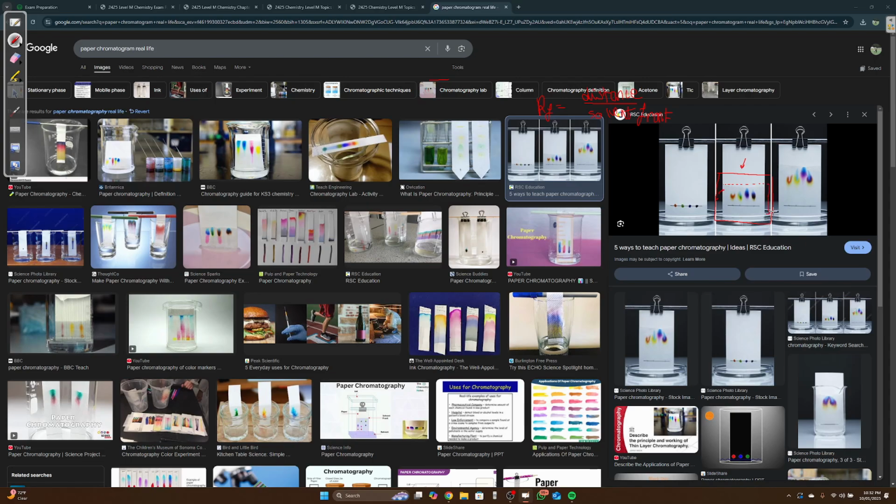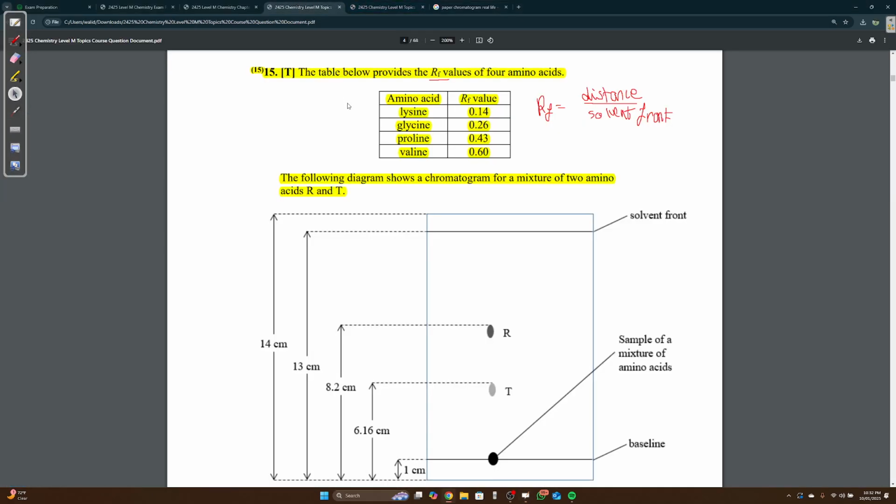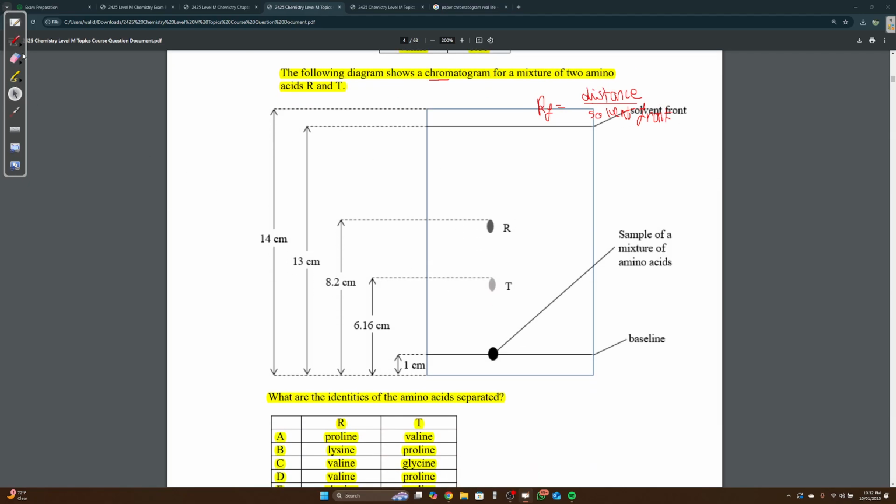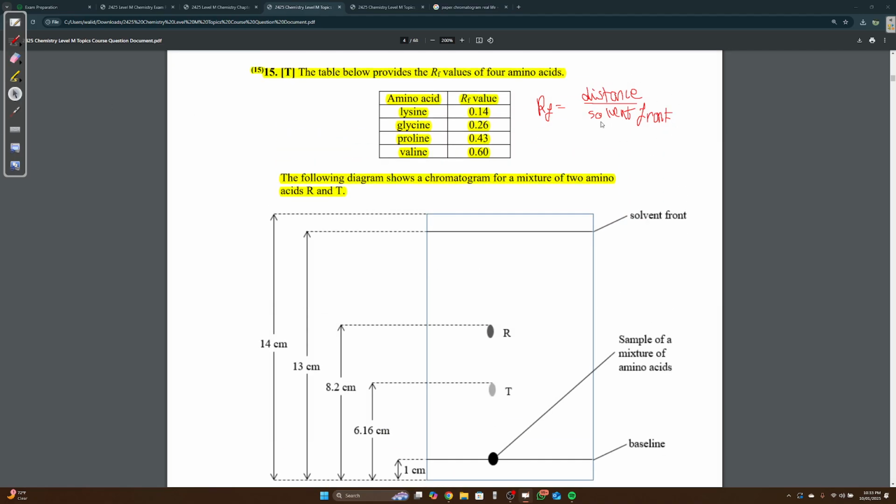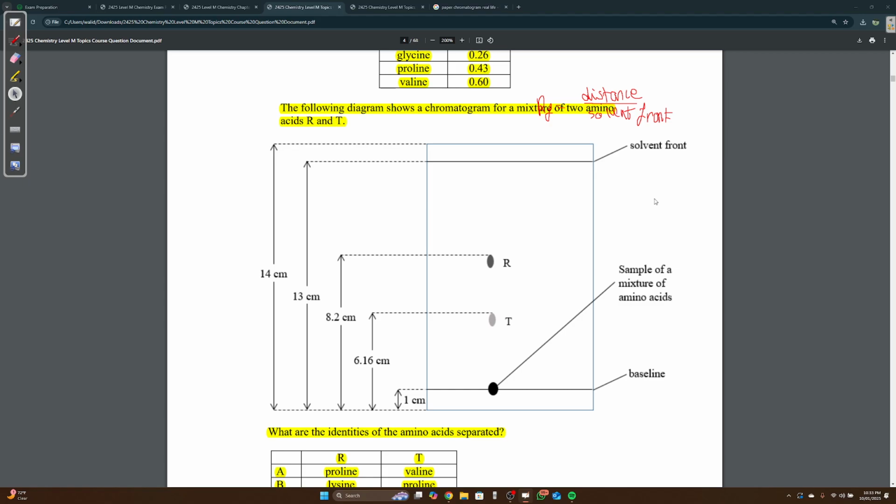In the other question we did in the course revision, they gave us the solvent front as just one distance, so you didn't really have much to choose from. But here, when they give you two and they give a solvent front, you divide by the solvent front. Okay, just so you know. And please don't say divided by the length of the paper. You're going to get 0.